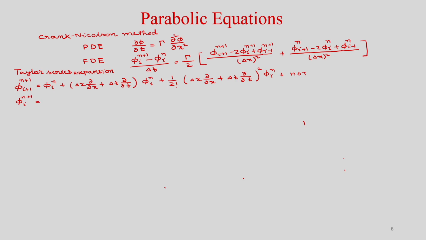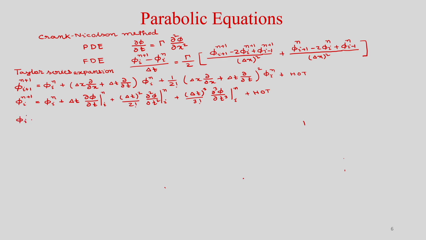Here it is only t plus delta t, so it will be simply phi I n, plus delta t del phi by del t at discrete point I and n, then plus delta t square by factorial 2 del 2 phi by del t square, then delta t cube by factorial 3 del cube phi by del t cube at I n and other higher order terms, which we are not going to write.